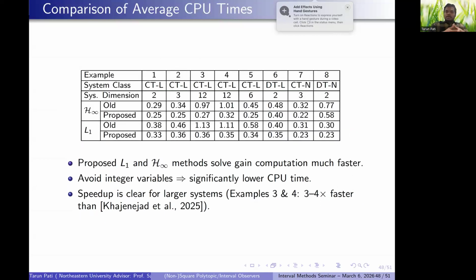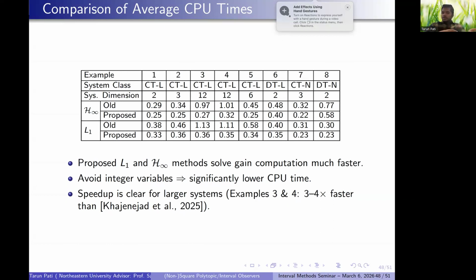To visualize how much of an improvement this removal of mixed integer terms is, we've also computed the CPU runtimes for the new proposed approach as well as our old approach, and we compared them. In both the H-infinity and L1 observer cases, the new proposed methods solve gain computation much faster.